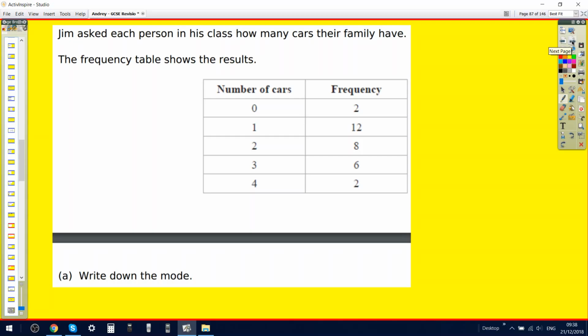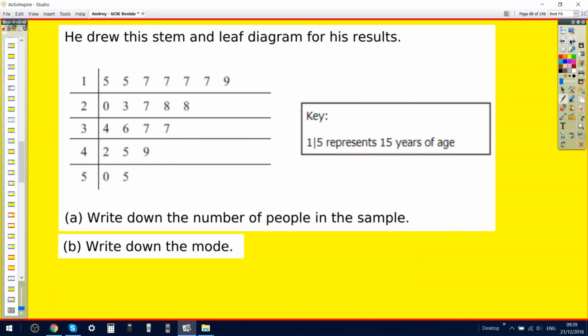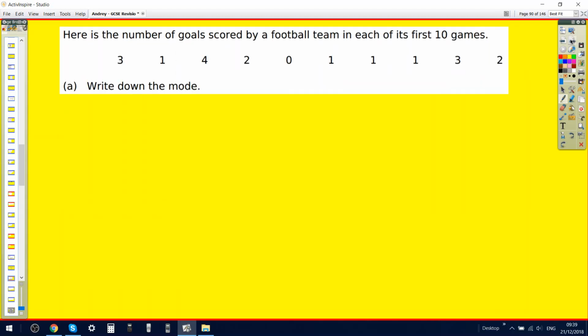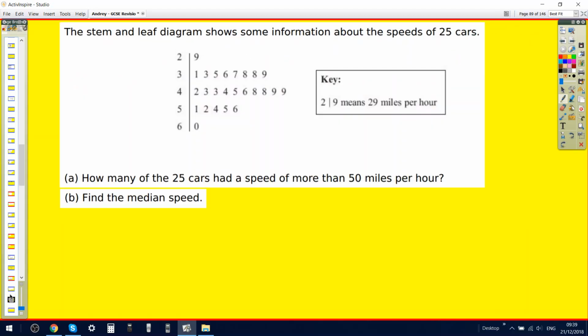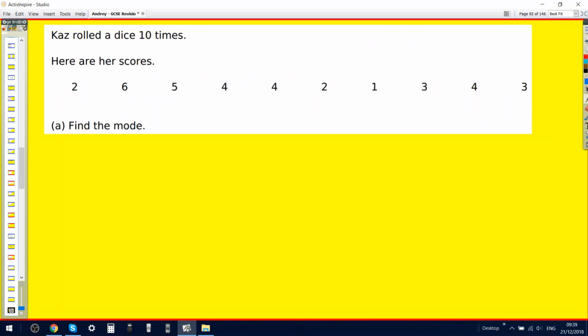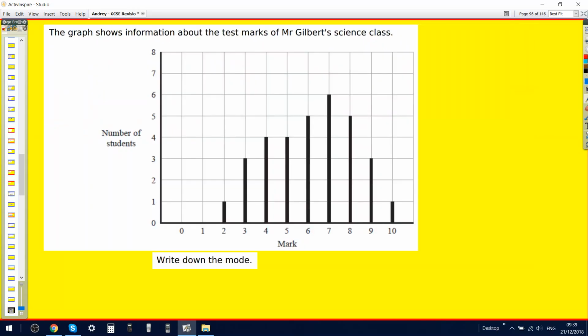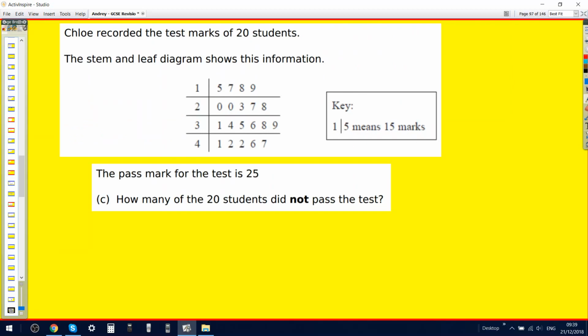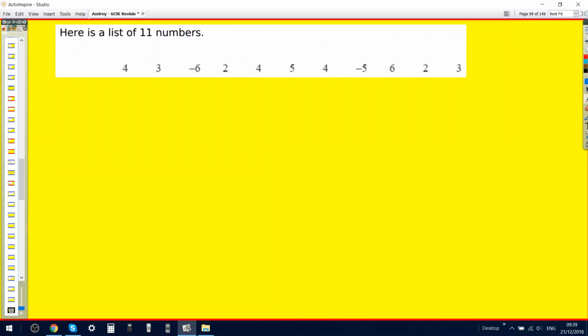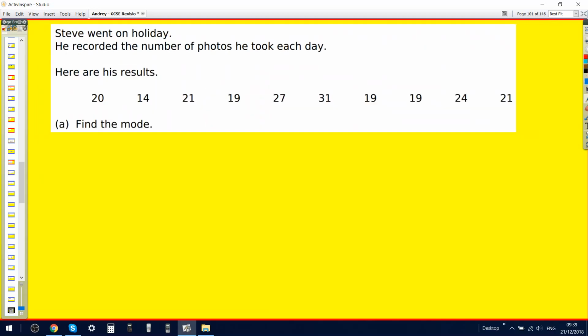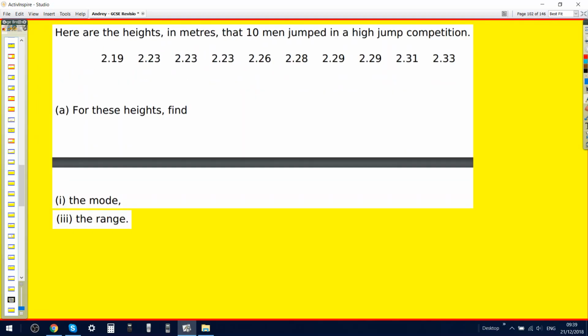Mode for this one. 1. Yeah. Just checking that. Okay. Speed. Let me just click on this thing again. Mode. This one, what is the range?